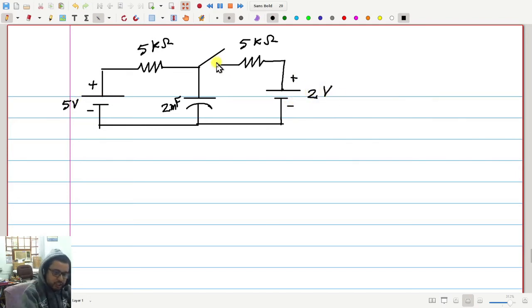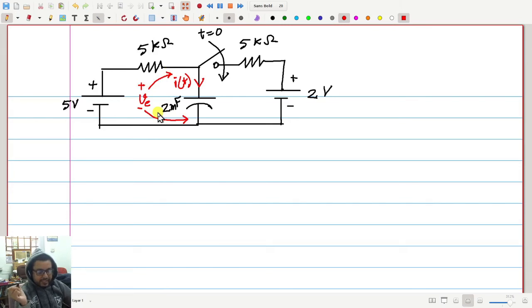Okay, and suppose this switch was initially open and then it is closed at t equal to 0. Okay, so we are interested in finding out how will this current vary as a function of time after the switch is closed, and how this voltage VC varies across this capacitor, plus minus. Okay, so that is the question.